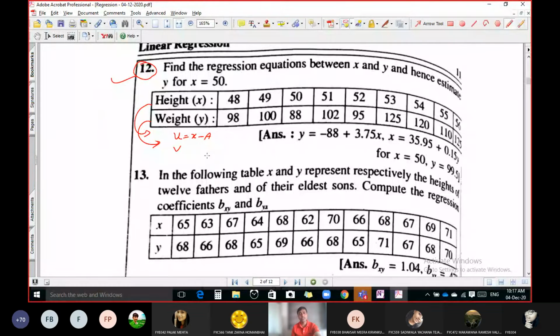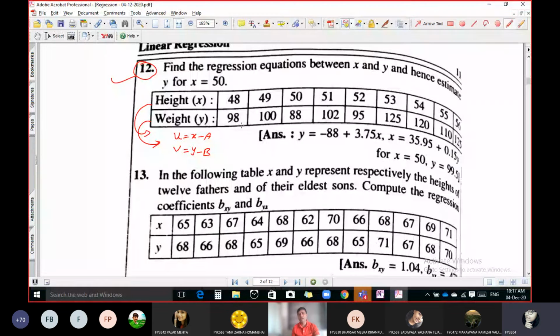Otherwise, skip that and put it as it is, and v equal to y minus b. And here also all values are not divisible by a single value, so you can simply write u equal to x minus a and v equal to y minus b, and for a and b you can assume any value.